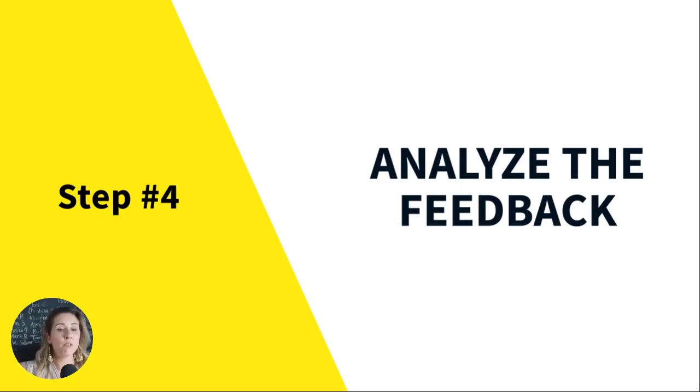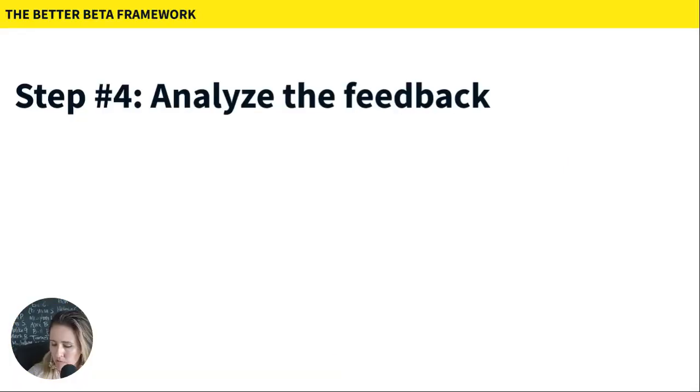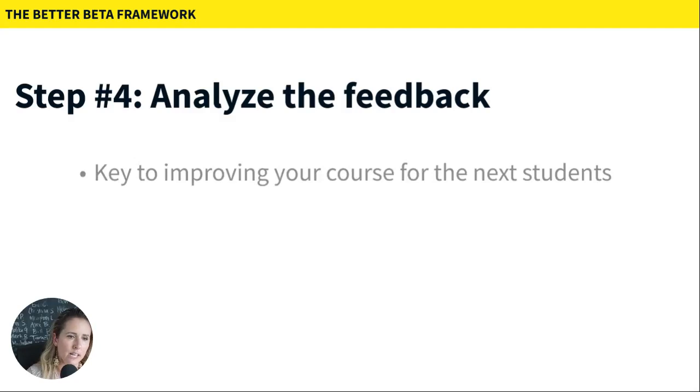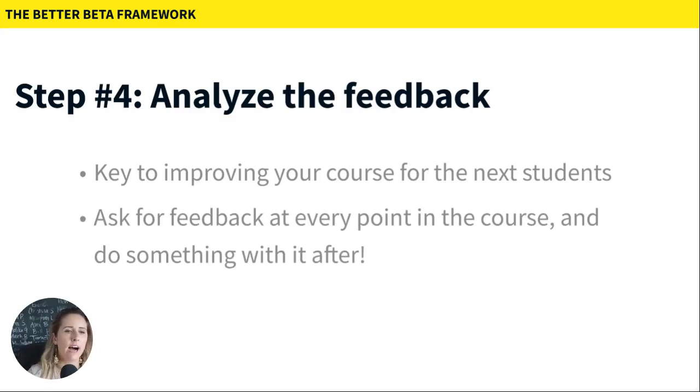Okay. Most important step that pretty much no one teaches on the internet: analyzing the feedback, the A in beta. This is the key to improving your course for your next set of students. So now you're working on that 5 and 10K because you've done the sprint, and now it's time to listen to the feedback. If your students are getting stuck at the same point in the course, or you're getting asked the same questions over and over again, this is where you're making that analysis.